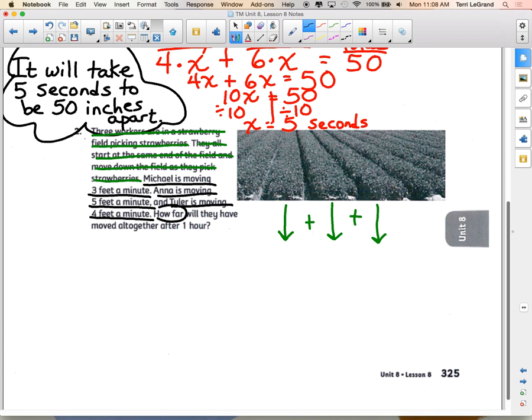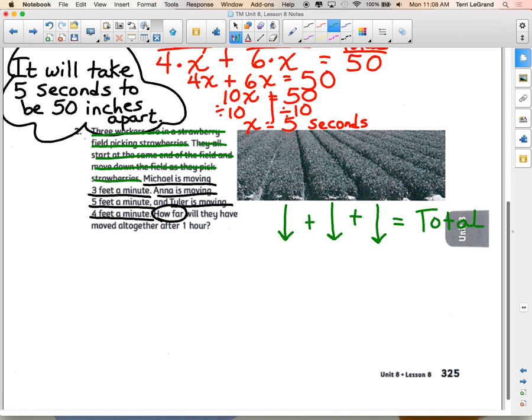How far will they have moved together after 1 hour? What are we going to have to do before we decide, set this equal to a total? What's that total going to be, a 1? 60 minutes.